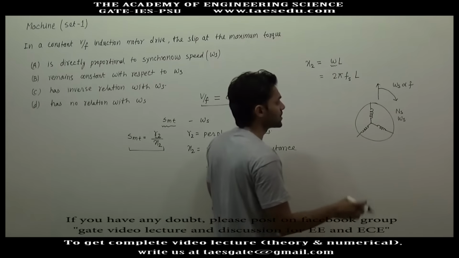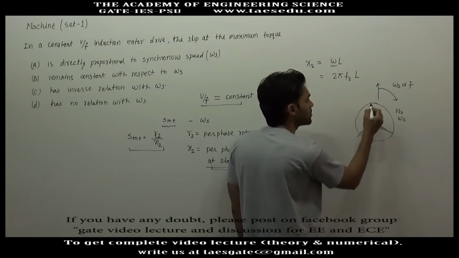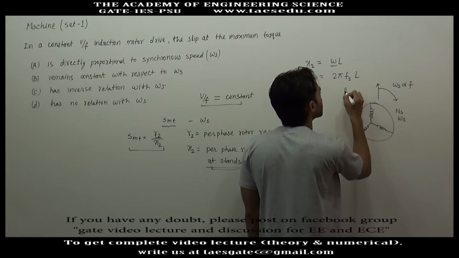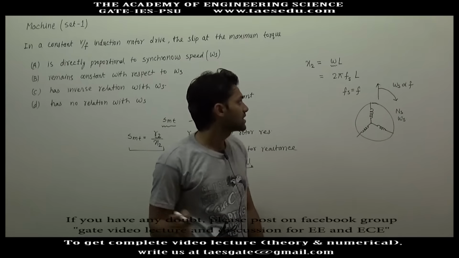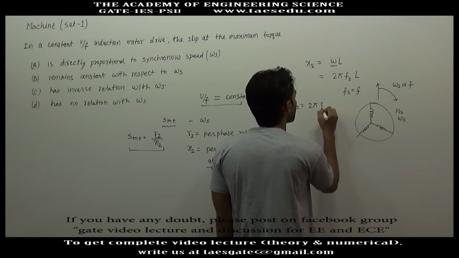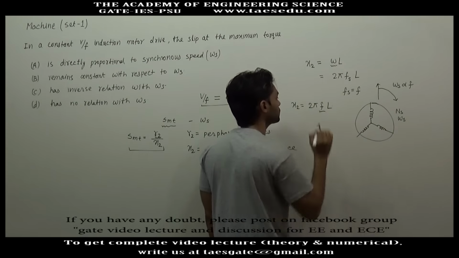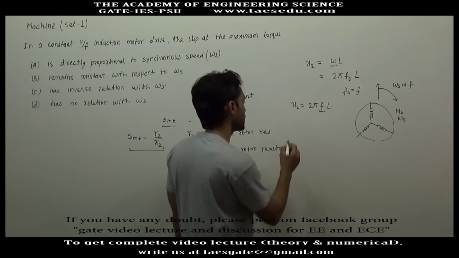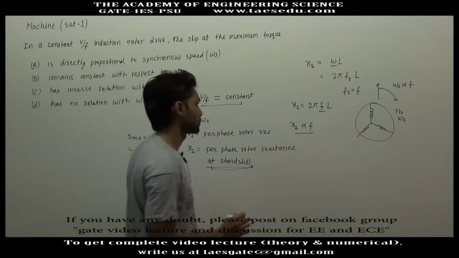So the frequency of the voltage generated in the rotor winding will be the supply frequency when the rotor is at standstill. So X2 is nothing but 2 pi f, where f is the supply frequency, into L. Or we can say that X2 is directly proportional to supply frequency.